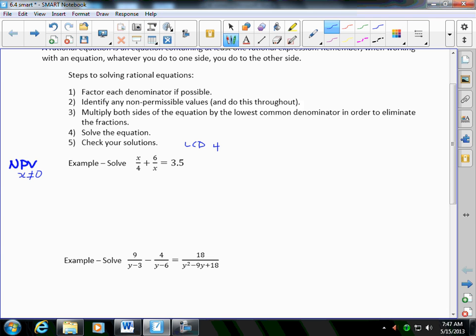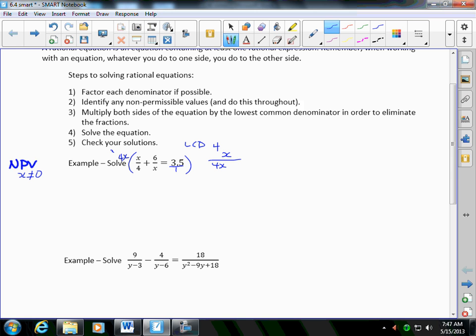So my first one had a denominator of 4, the second one had a denominator of x, and the third one here has a denominator of 1, so we don't even really worry about that. So my lowest common denominator will be 4x. So step 3 there says, let's multiply everything by that 4x.